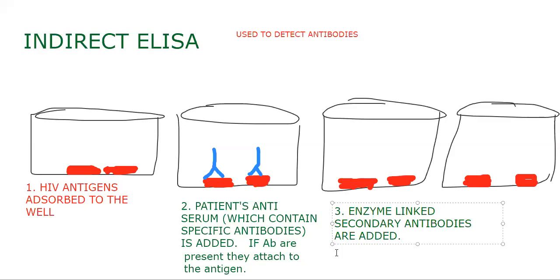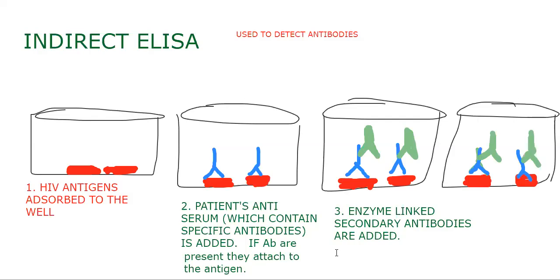So let me show you: first of all the primary antibody which is there in the patient, and then the secondary antibody which is enzyme linked. It goes and binds with the primary antibody. So finally, the patient's primary antibody is there, and next the enzyme linked antibody is also there.